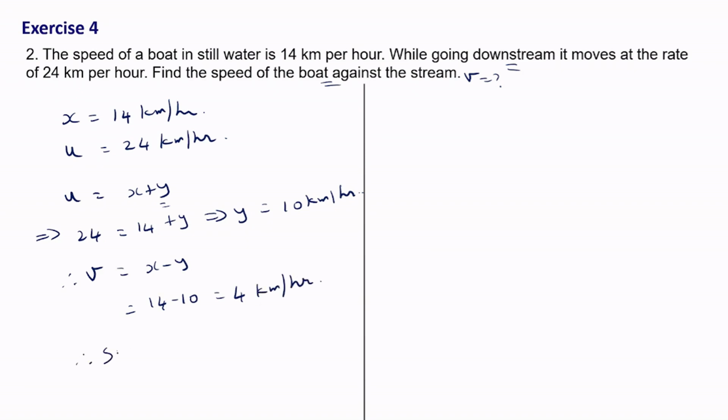Therefore, the speed of the boat upstream is equal to 4 km per hour. So this is what we have to find. Speed of the boat against the stream is 4 km per hour.